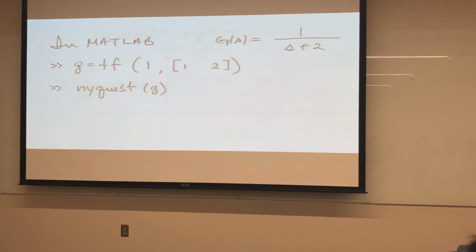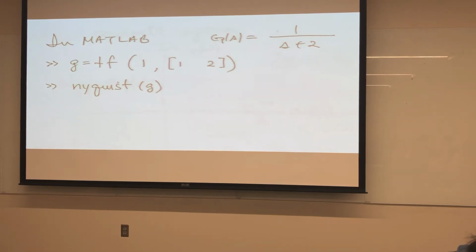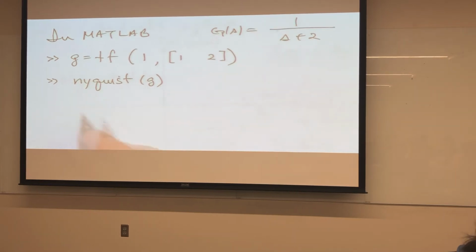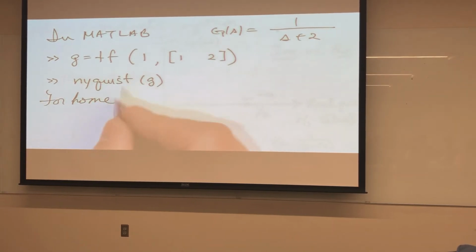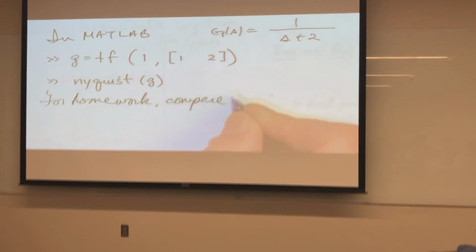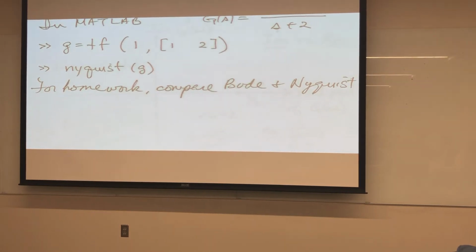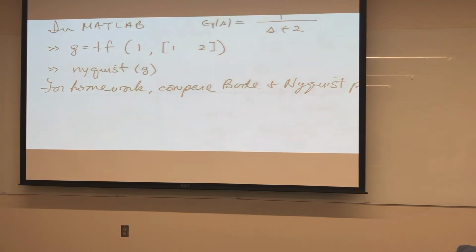What would probably be helpful is when you do the homework problems. I recommend you try this for homework. One of the things I ask you to consider is to compare the Bode and the Nyquist plots. One way you can do that side by side is to open up two figure windows.